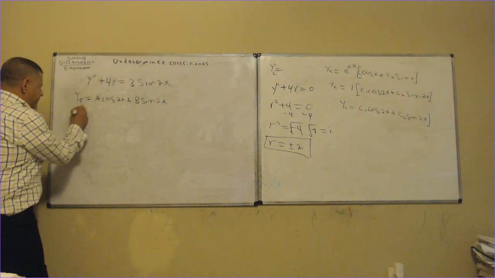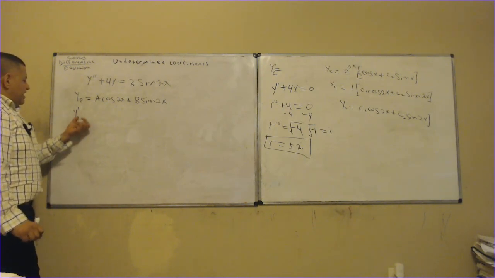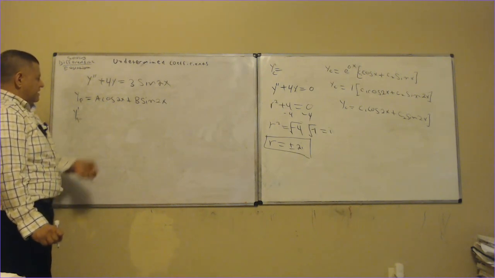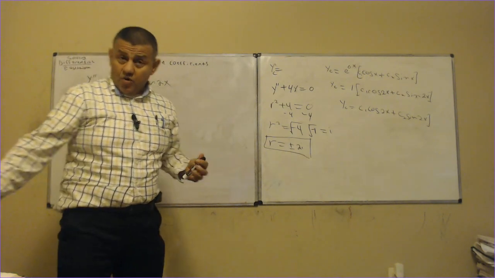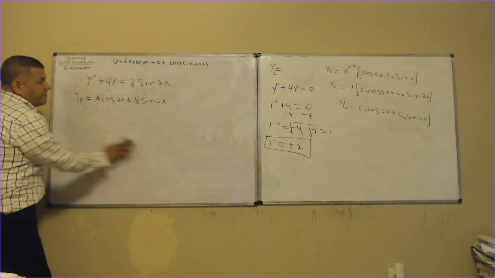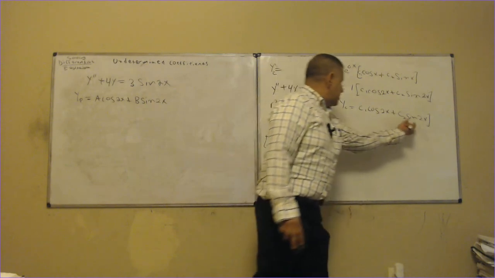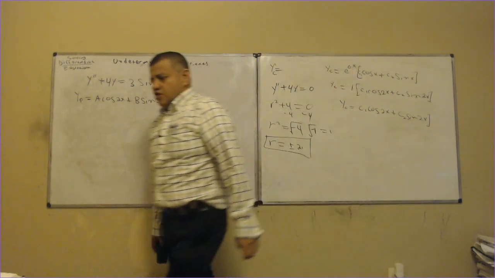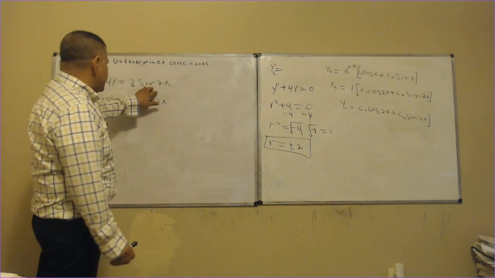So now we find the y prime of y particular. Now this is the thing that we need to do before we go any further. Remember that we have a copy of the sine 2x in the particular solution, so they cannot be equal. Those terms cannot be equal.